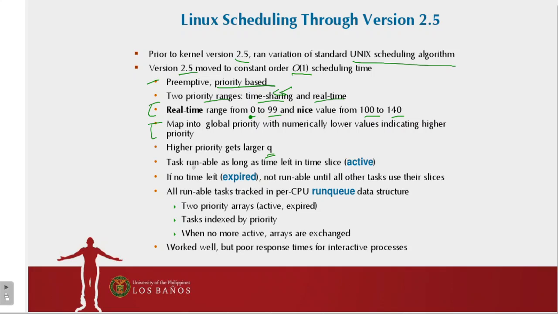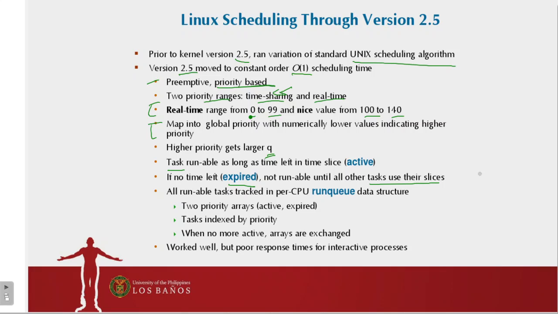The task is runnable as long as there is time left in the time slice. Again, in Linux, processes are called tasks, or threads actually. If no time is left, it is called expired, and it will not be runnable until all other tasks use their slices.